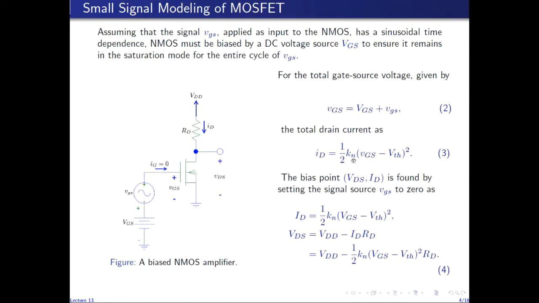So simply replacing this small v_GS with capital V_GS, we get the DC component of the drain current. And by writing a KVL for the output loop, we can find the DC component of the drain to source voltage, which is given in turn by this equation.